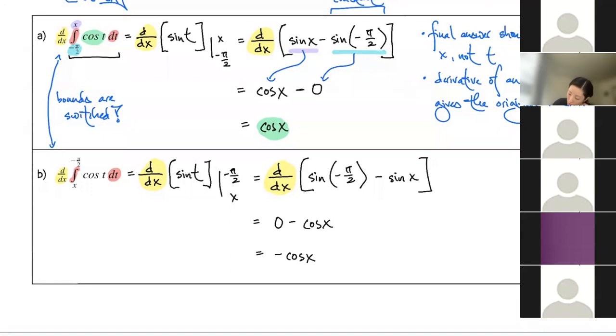But can someone tell me, using the format of this problem, why this one, the function is the same, but now we have a negative sign? Okay, so where did that negative sign come from if we look at the problem in front of us?